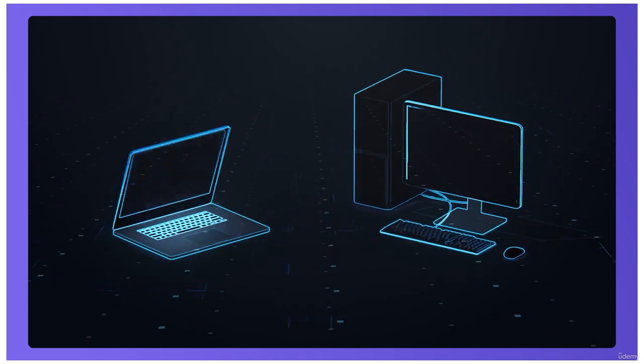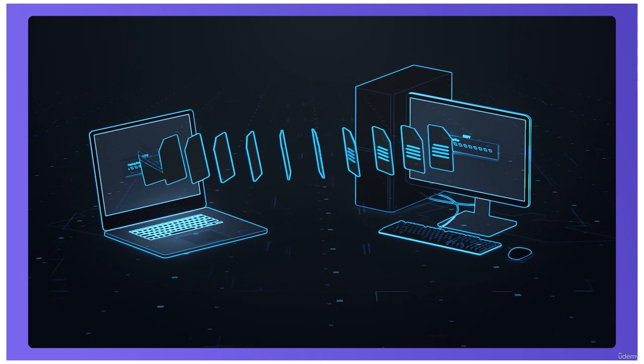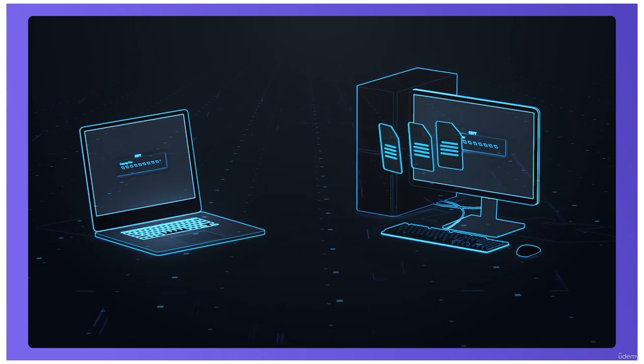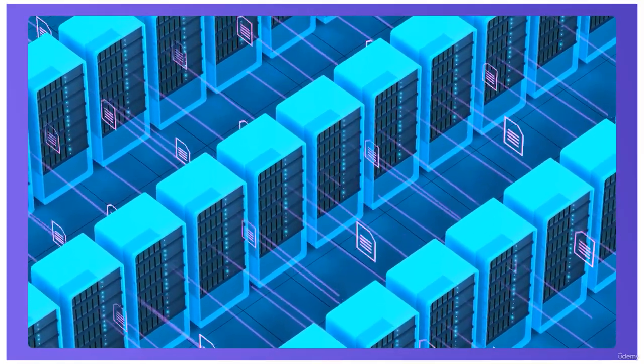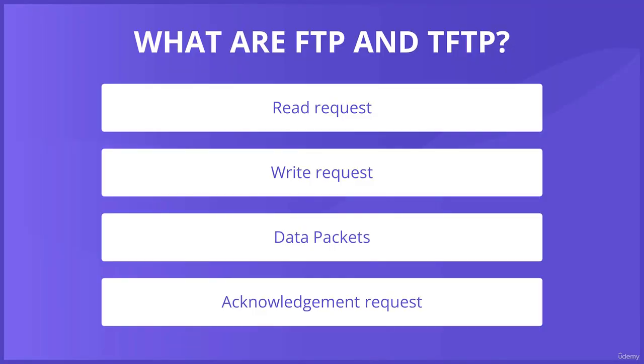Even if the packets generated are multiples of 512, it sends an additional packet which is fewer than 512 bytes, so that the client could understand that it has received the final file. Now, generally TFTP is divided into 4 different types: read request, write request, data packet, and acknowledgement request.